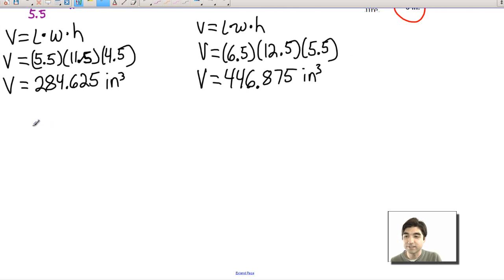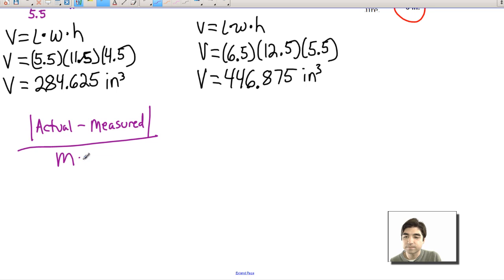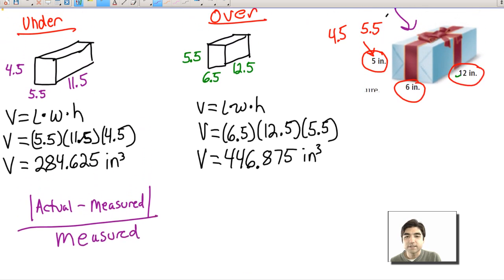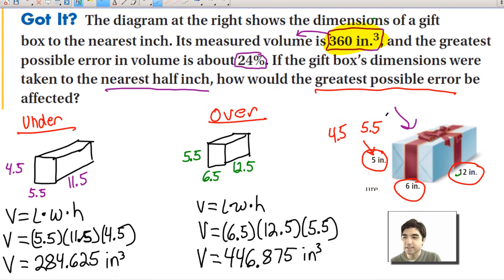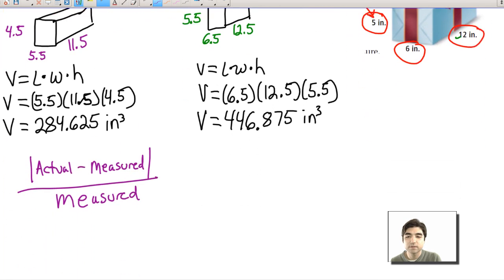So this is where we need to bust out our percent error equation. So that was the actual minus measured, divided by measured. Alright, so our measured is always going to be 360 inches cubed.